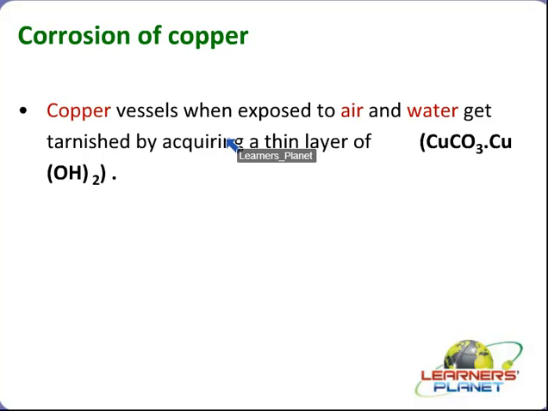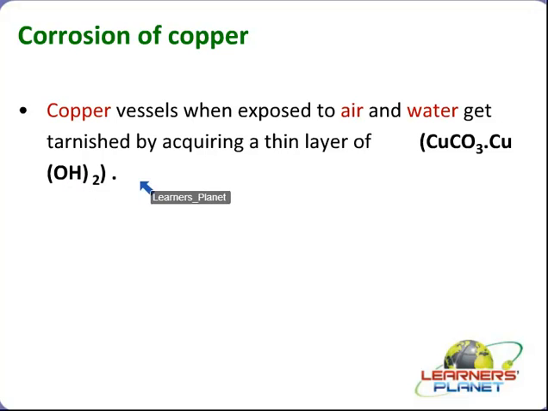Now what is that thin layer composed of? That thin layer is composed of copper carbonate and copper hydroxide. How is this formed, students? It is formed by the reaction of copper metal. We have seen that copper is an active metal. Copper metal reacts with carbon dioxide of the atmosphere and hydroxyl of water.